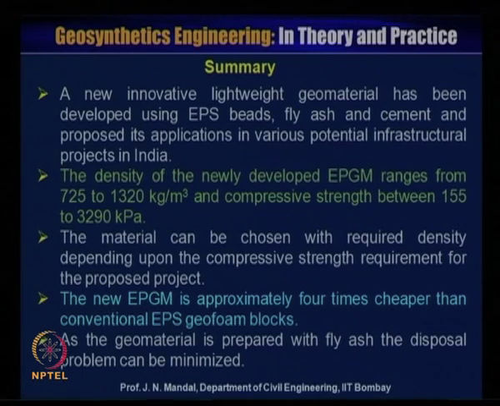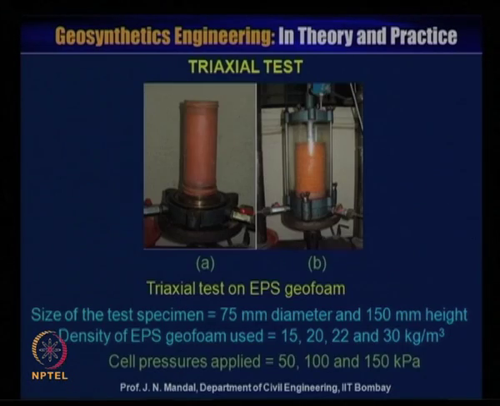As the geomaterial is prepared with fly ash, the disposal problem can be minimized. Because EPS geofoam material is sometimes very costly, as an alternative you can use the new geomaterial developed by us.